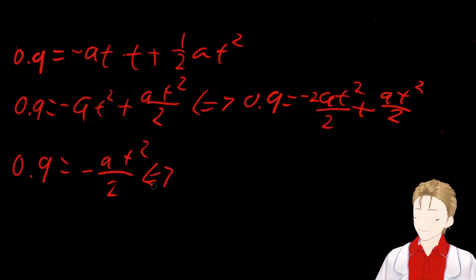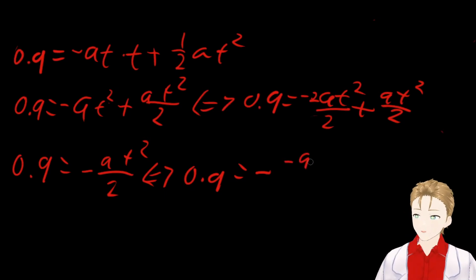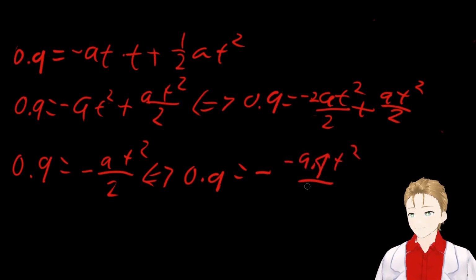So this is just 0.9 equals negative 9.81 t squared over 2.